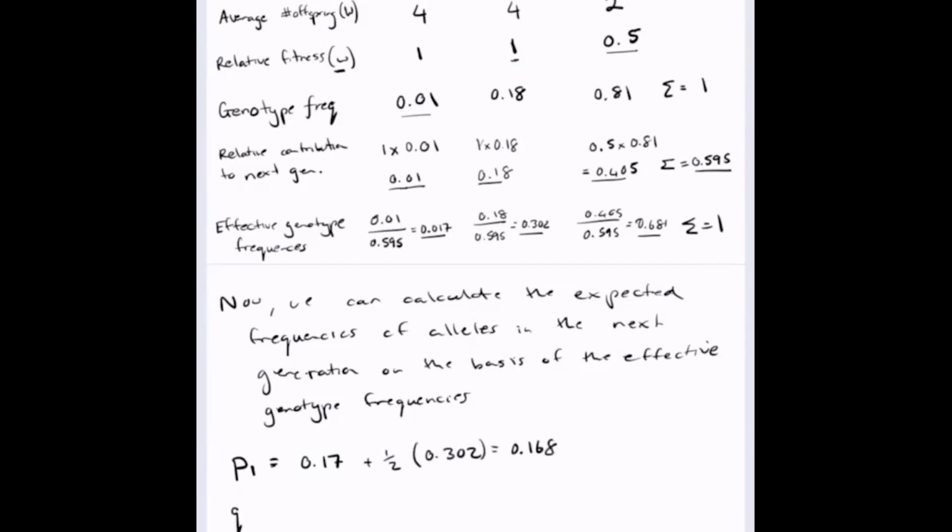And now if I compute the q, which I could easily do by 1 minus 0.168, but let's just check that it's this number, all of these individuals, 0.681, plus half the heterozygotes, do the math, 0.832, sum them up to make sure that the allele frequency is equal to 1.